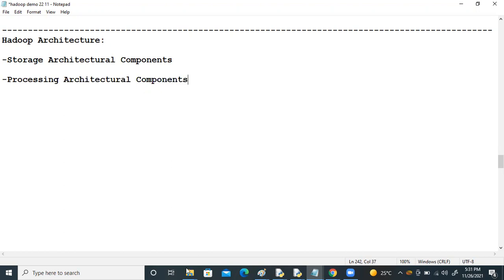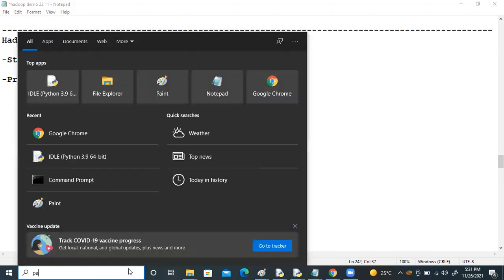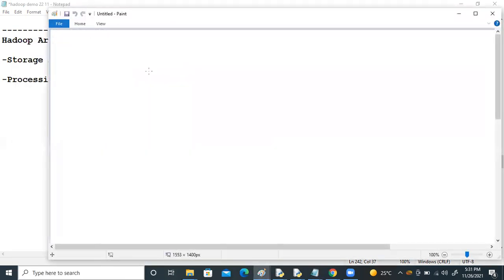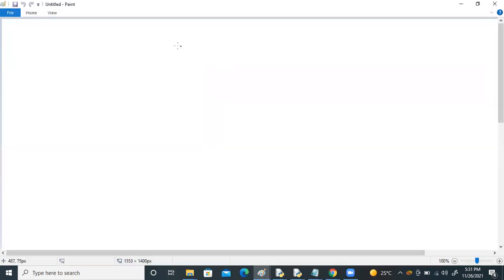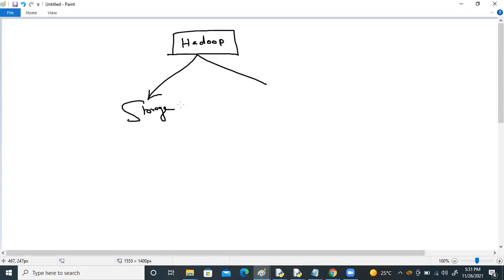If you observe this diagram, Hadoop is meant for both storage and processing.